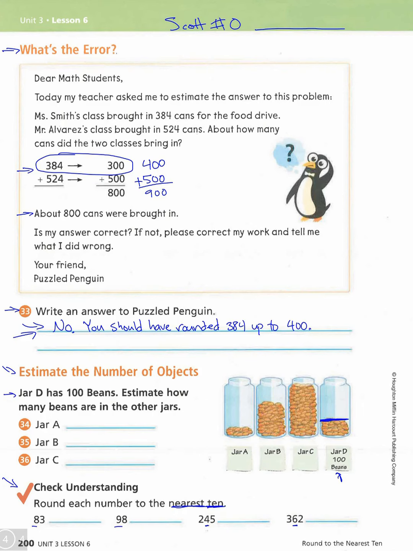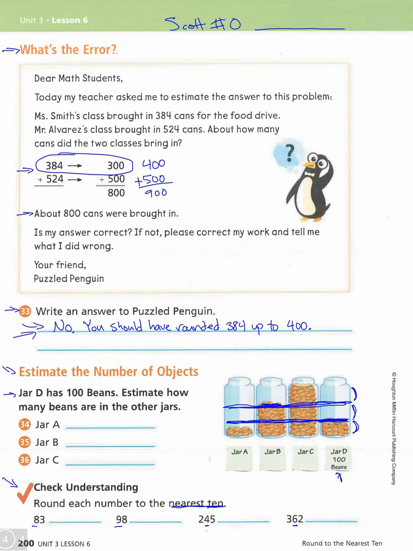All right, and then our last one. This one's kind of tricky. These are estimating the number of objects in these jars. If that line is 100, and I were to draw that line across all the rest of these, it looks like I'm kind of doing thirds. Here to here is 100, this would be another 100, and this would be another 100.